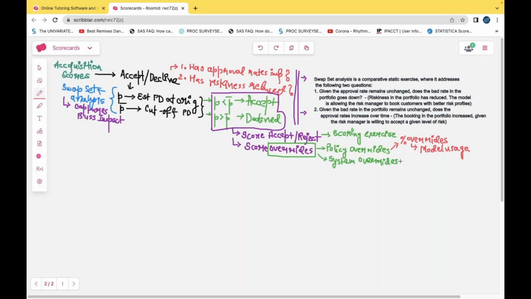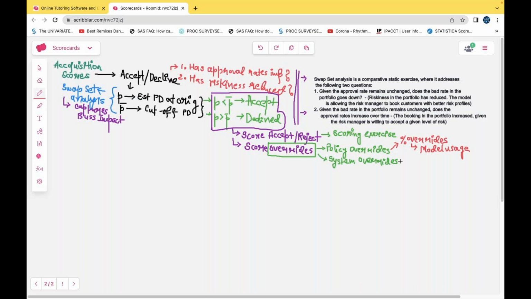After this accept decline decision, for all the accounts which are accepted by the bank, the next question is what should be the limit that should be assigned, and what should be the price of the product, right? The first thing that we need to understand is how exactly the limit is assigned.